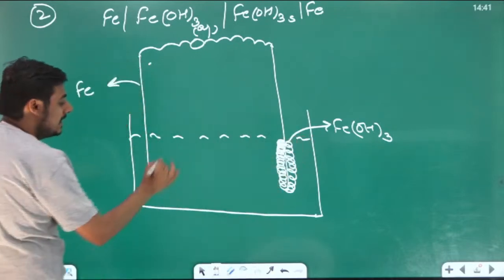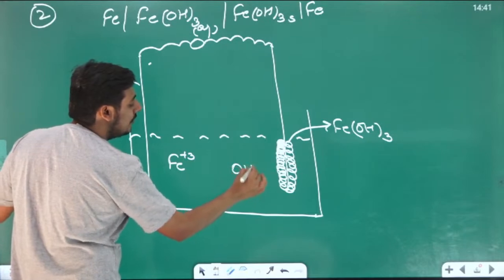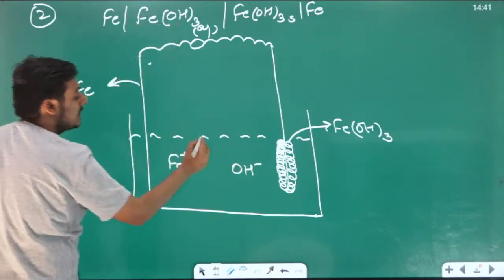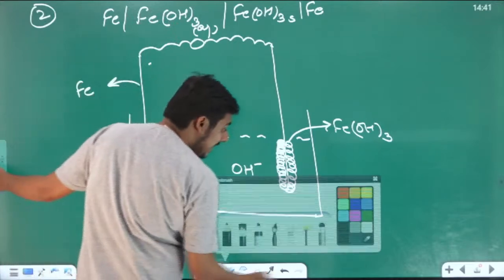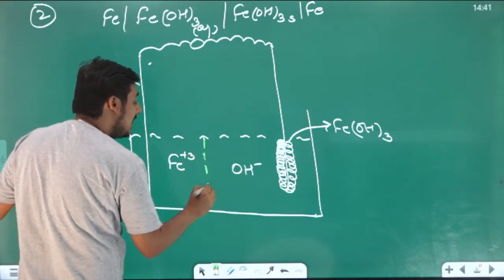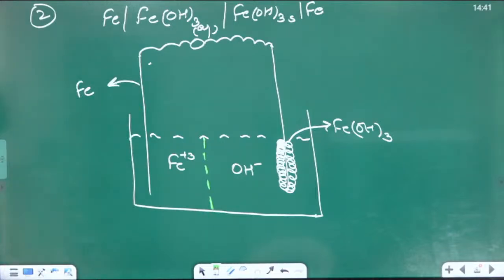Which two ions? There is a presence of Fe3+ ions and a presence of OH negative ions due to Fe(OH)3. Now these two compartments are separated by a semi-permeable membrane. Here we are not using any salt bridge.